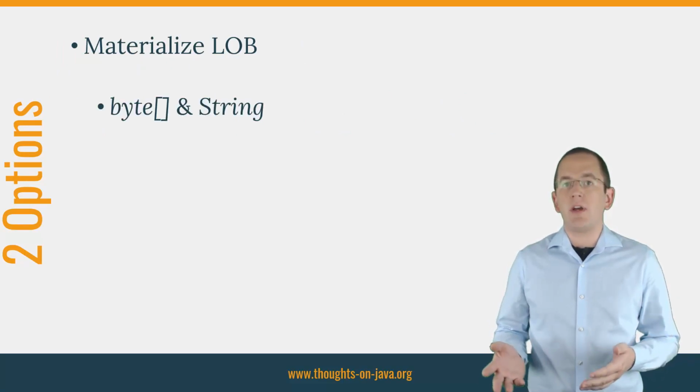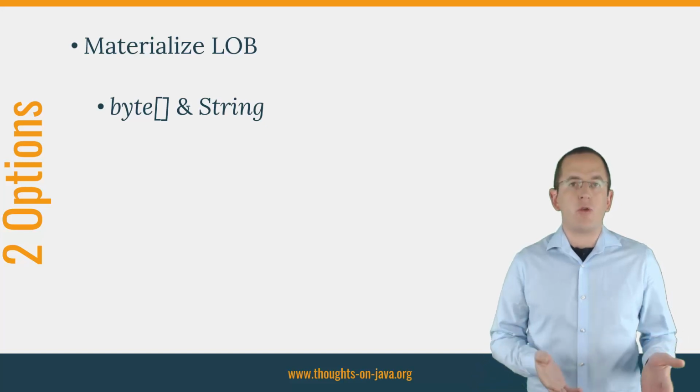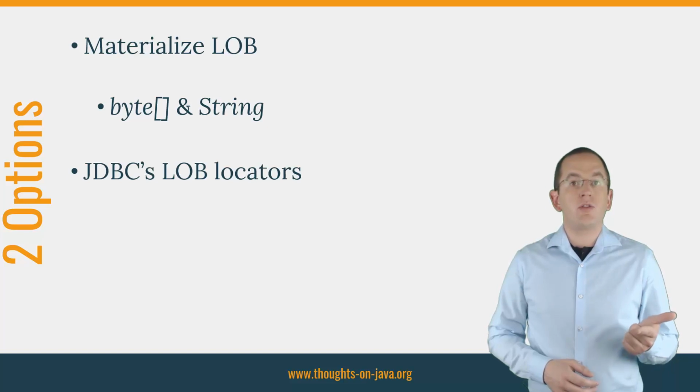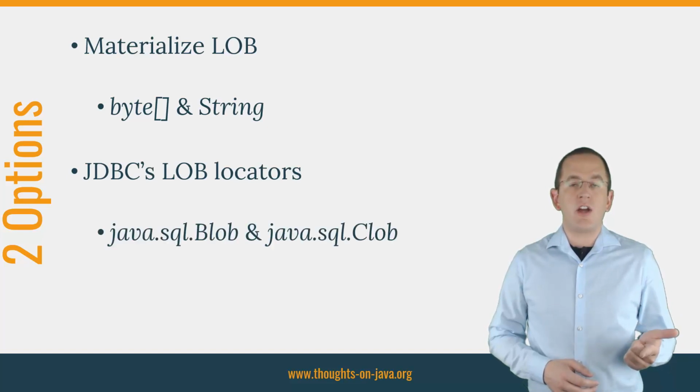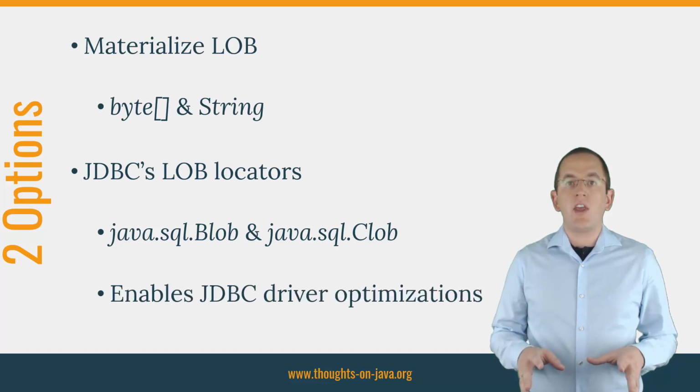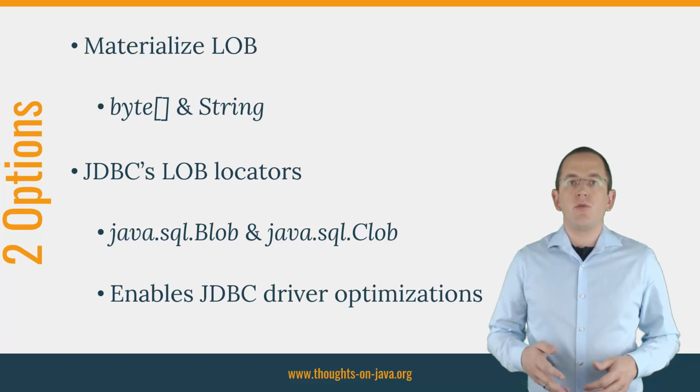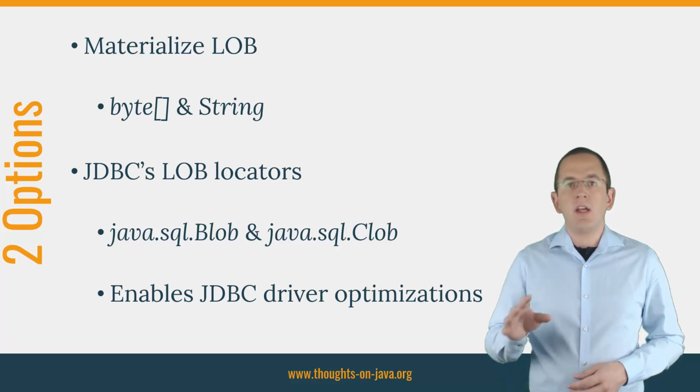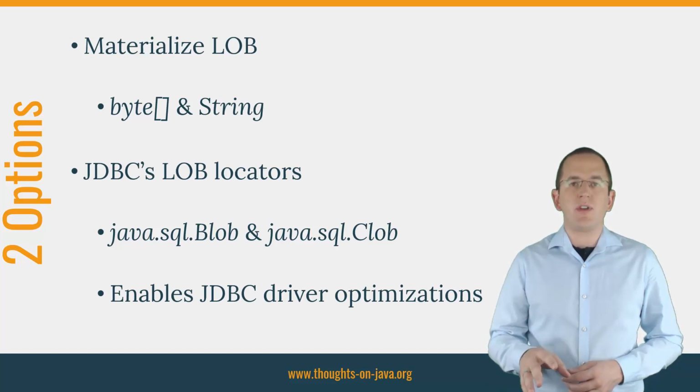This mapping is defined by the JPA specification and prioritizes ease of use over performance. Or you can use JDBC's lob locators, java.sql.Blob and java.sql.Clob. The lob locators enable your JDBC driver to optimize for performance, for example by streaming the data. This mapping is Hibernate specific.